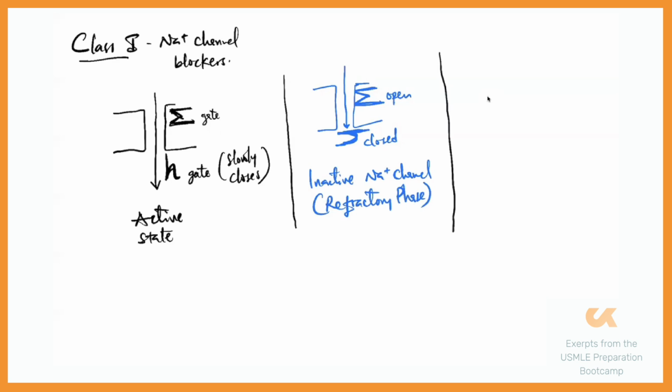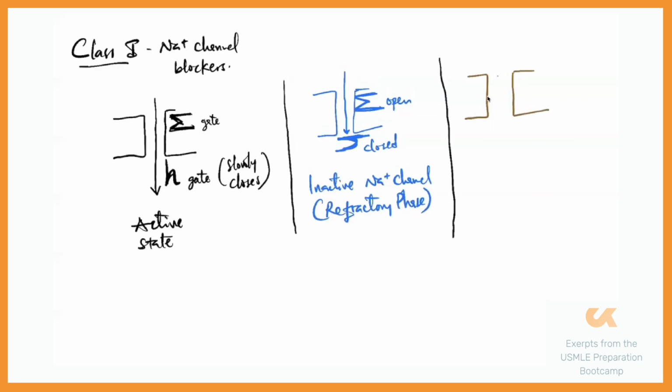The third type of sodium channel that we have is the resting channel. With the resting channel, the M gate itself is closed, but the H gate is open.